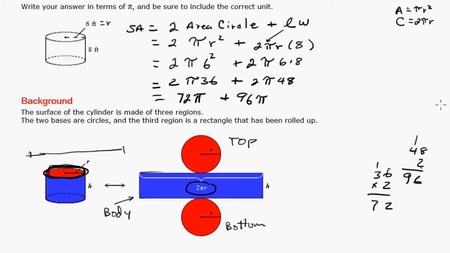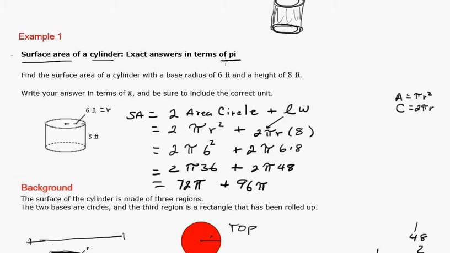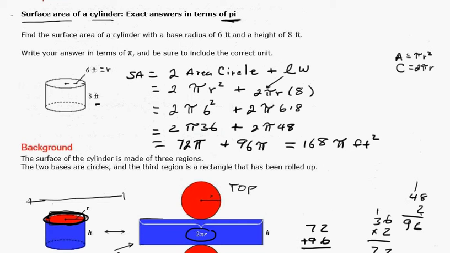They said up here, I skipped over it, that they want the answers left in pi. They don't want us to approximate it. So this would be 72 plus 96 pi, which is 168 pi, and that would be feet squared, because it's area. That's how you do it.